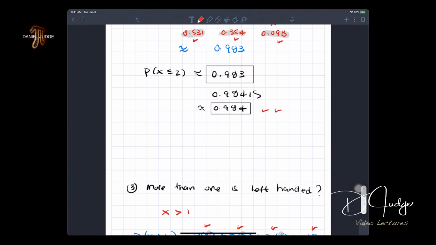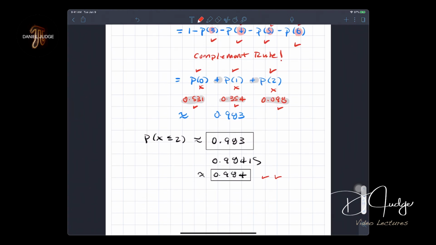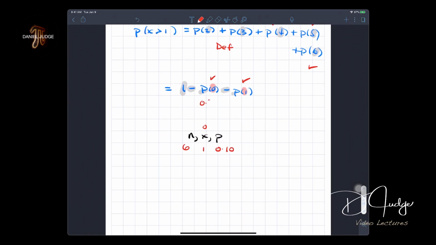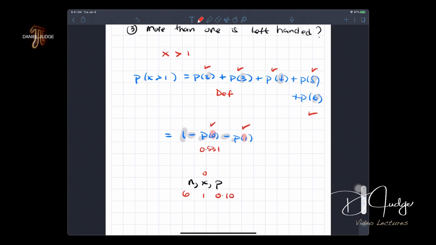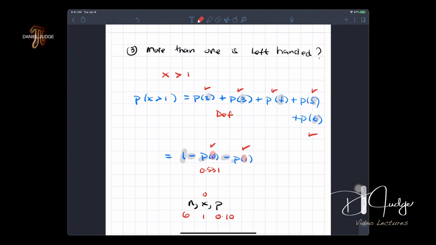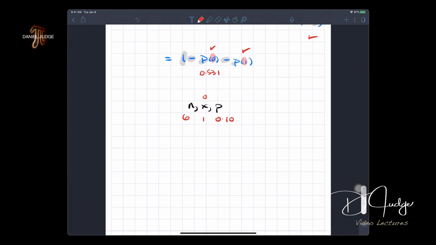What was P of 0 to begin with? It's right up here. It's 0.531. Do we have P of 1? We sure do. It's 0.354. So 1 minus 0.531 minus 0.354. If we have this data, we can do this.